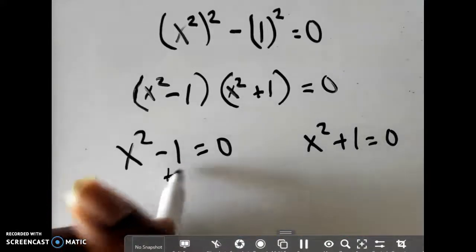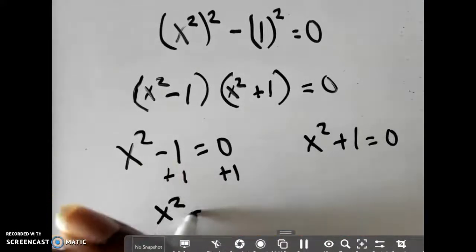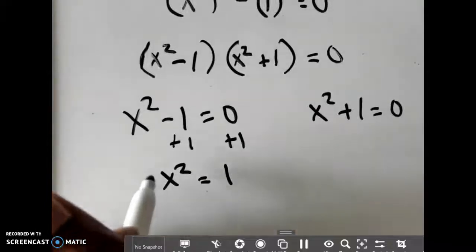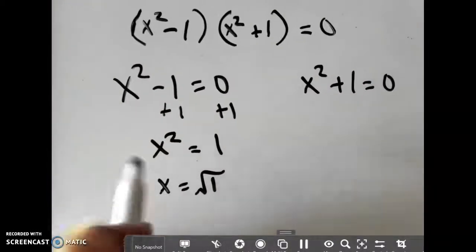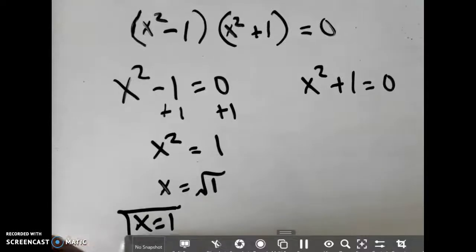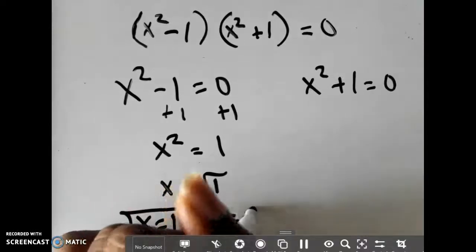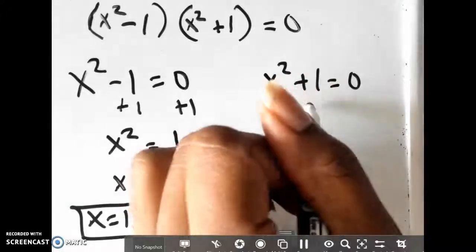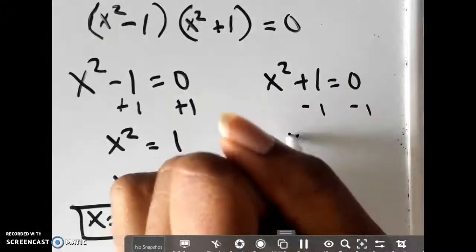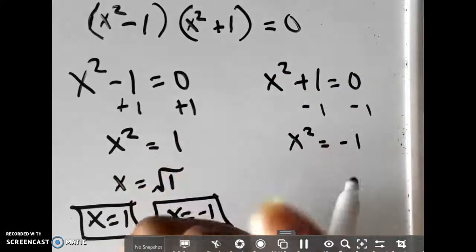So I'm going to add 1 to both sides. I have x squared equals 1. Take the square root. x equals square root of 1. Remember, there's a positive and a negative when we take the square root. I'm going to do the same thing over here, but I'm subtracting 1 instead. I have x squared equals negative 1.